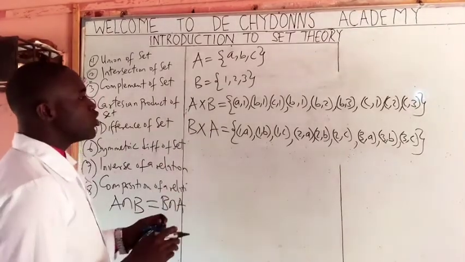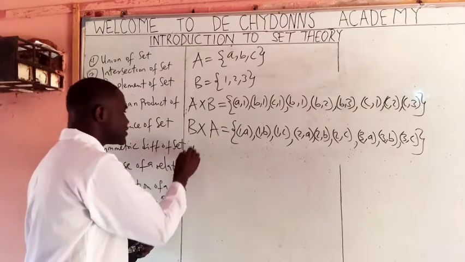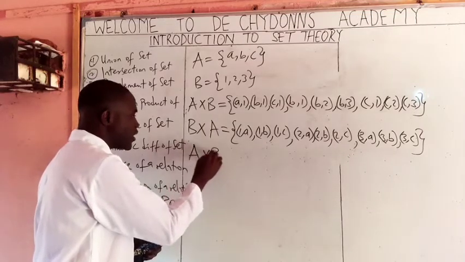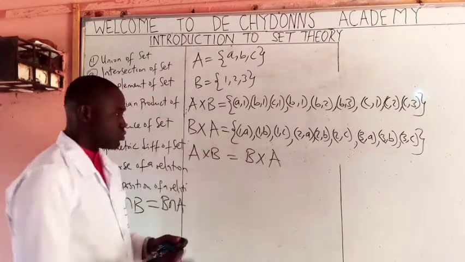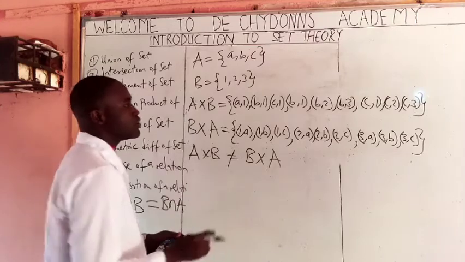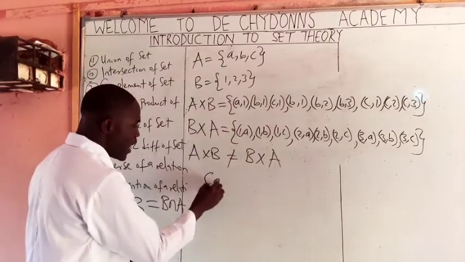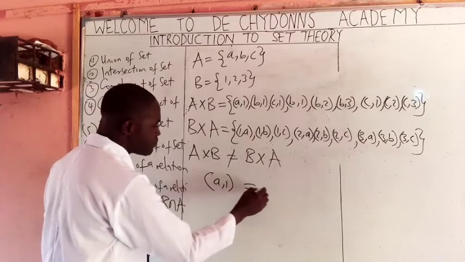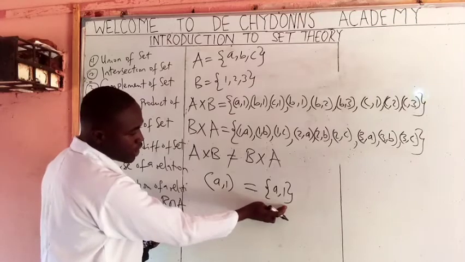Then what you now do is that you ask yourself, set A cross B and B cross A, are they equal? No, they are not equal. Why? It's because, as I said before, A comma 1 is not the same thing as 1 comma A. This is using a round bracket and that is using a curly bracket.